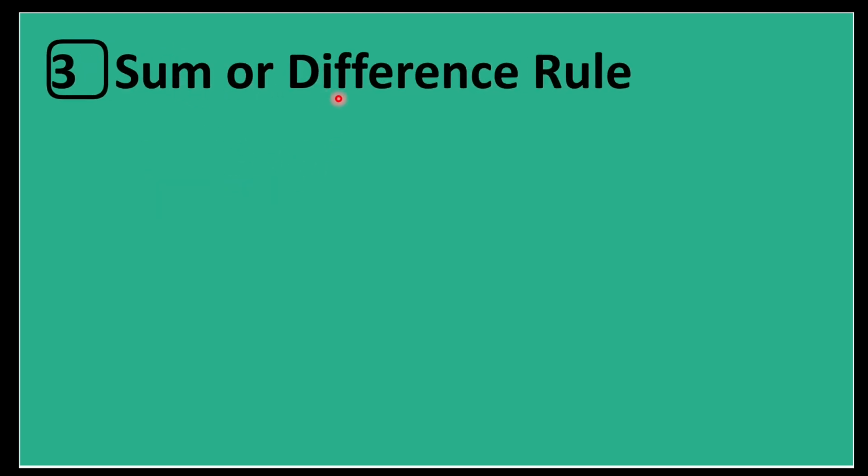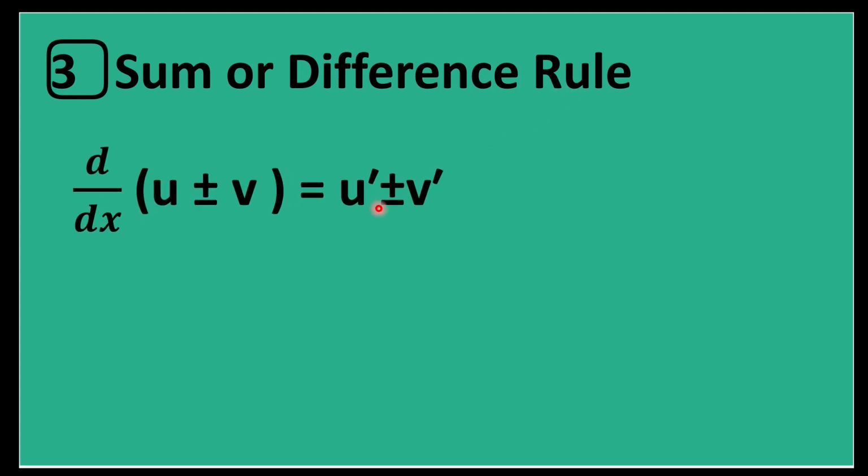And number 3, sum and difference rule. If we have to differentiate u plus v, or u minus v, this is equal to, we will differentiate both the terms separately, that is u prime plus or minus v prime, that is differentiation of u plus differentiation of v. For example, if we have fx equal to x cube plus x square, we will differentiate these two terms one by one.